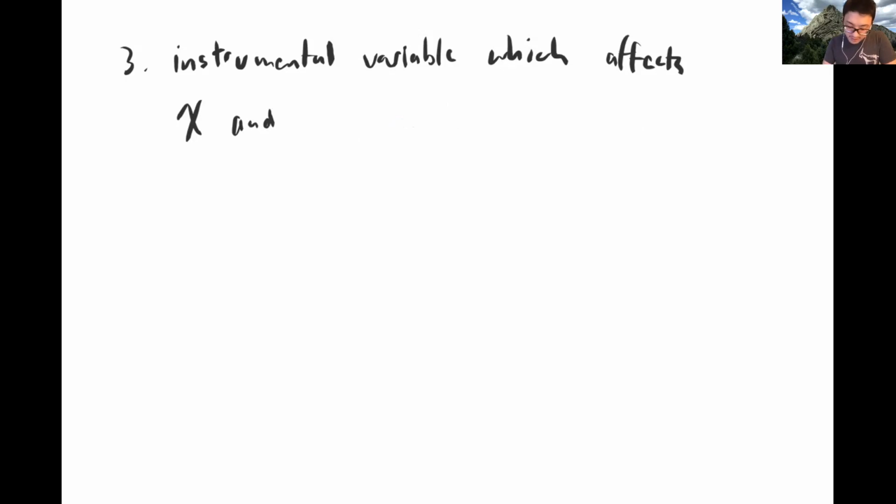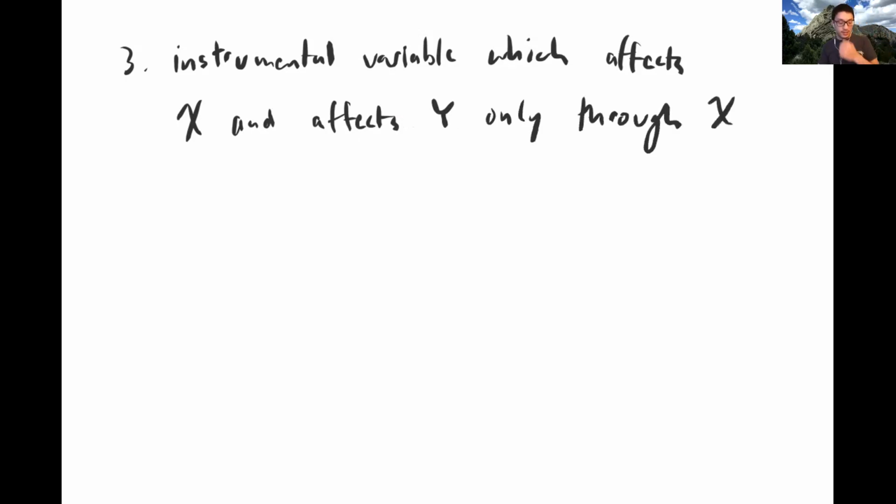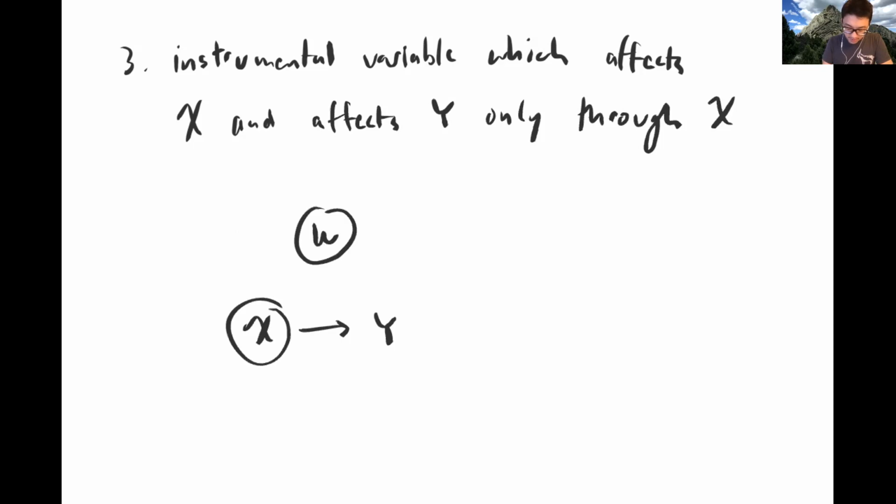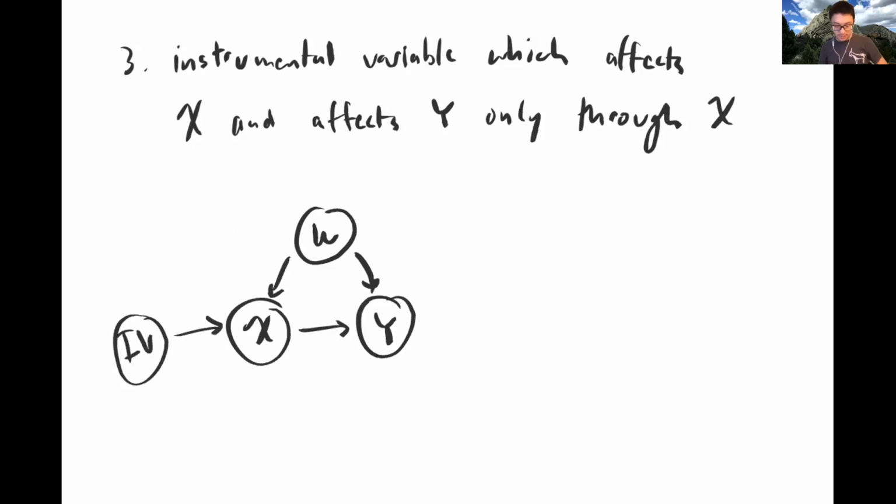So it affects X and affects Y only through X. So this would be something like, if I have my X and my Y and my confounding variable, the instrumental variable would look something like this.